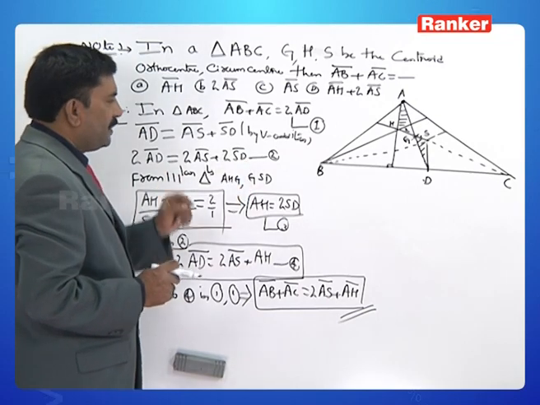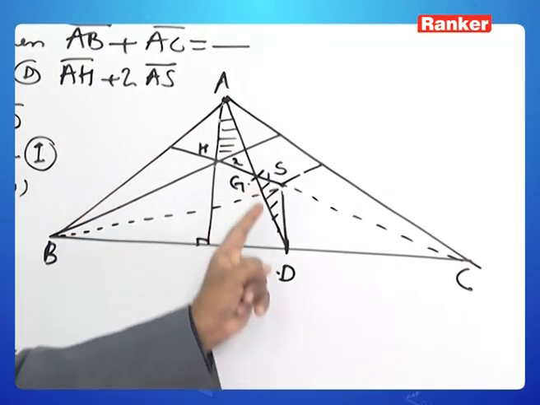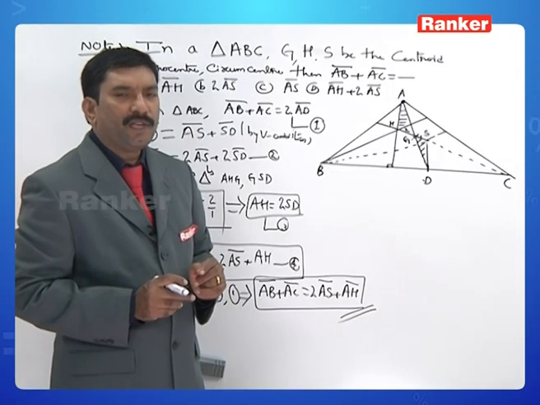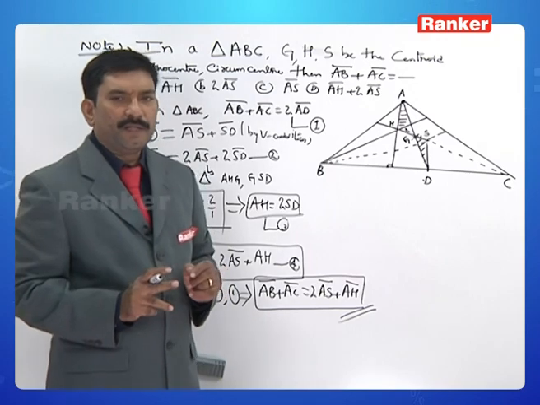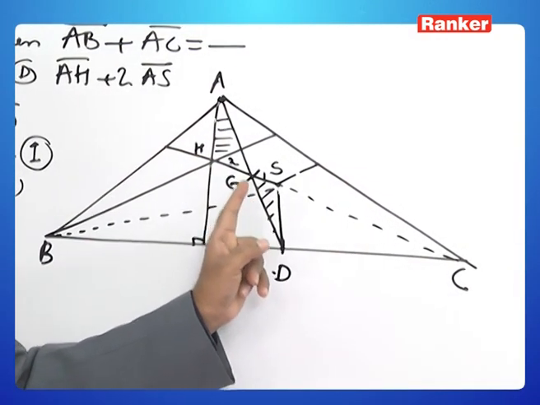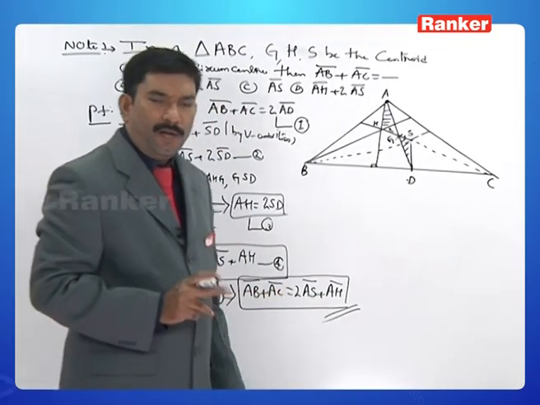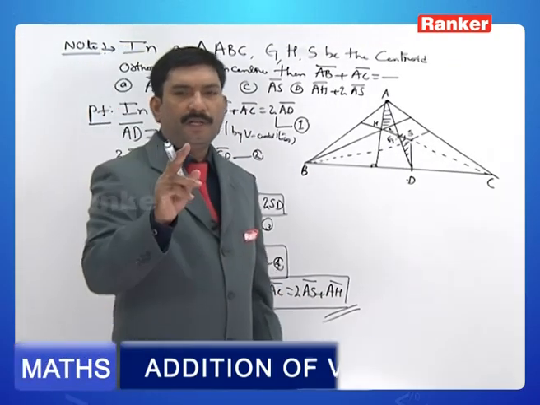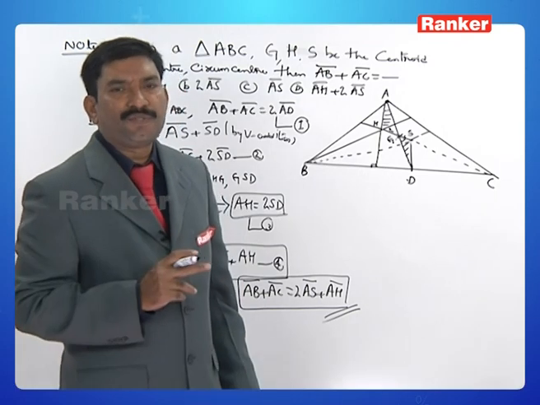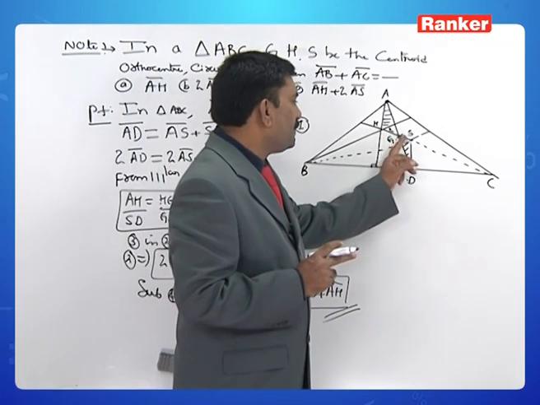From similar triangles, after drawing a median and after drawing altitudes, we get two similar triangles. They are AHG and GSD, and meanwhile the centroid divides the median in the ratio 2:1. So therefore, this is also 2:1.